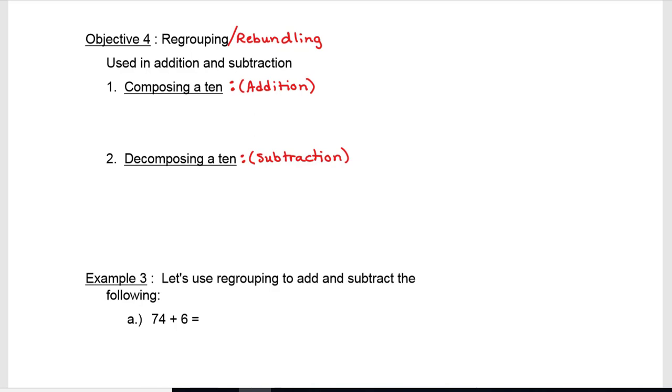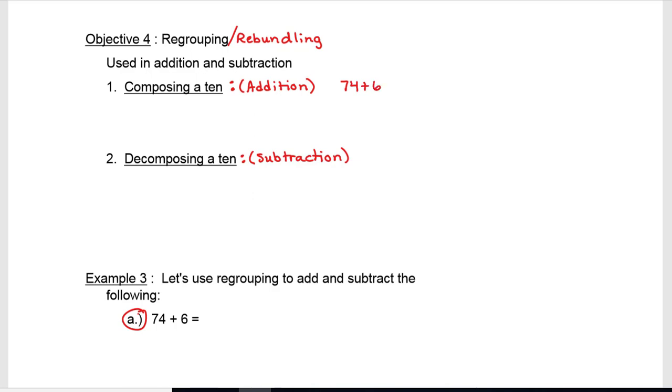So let's look at the expanded form and maybe the chip model really quick with composing a 10. Let's look at 74. We're going to look at this one from down here. Let's look at 74 plus 6.